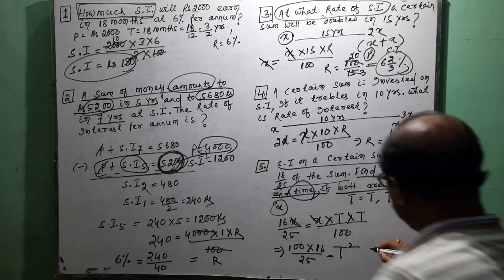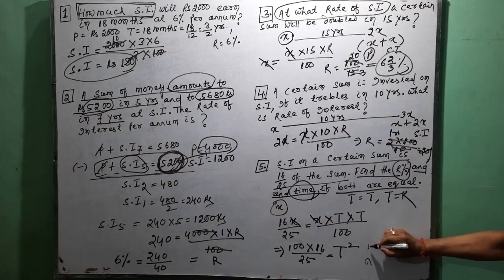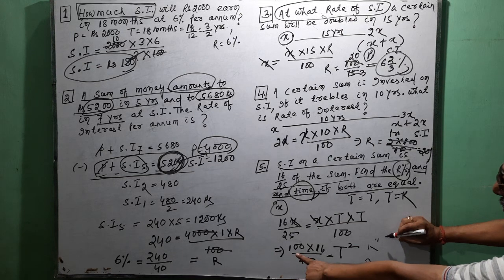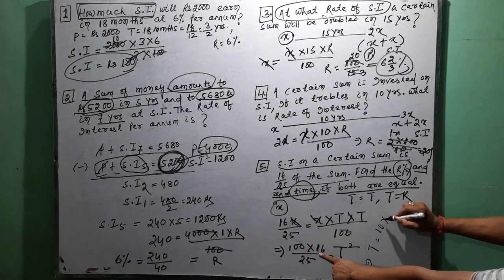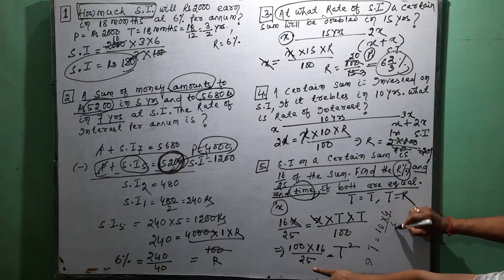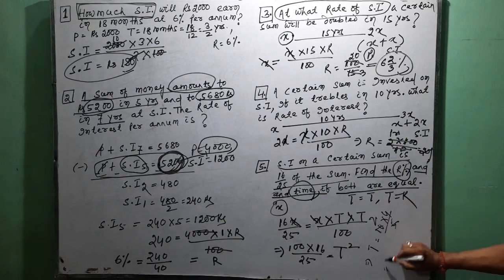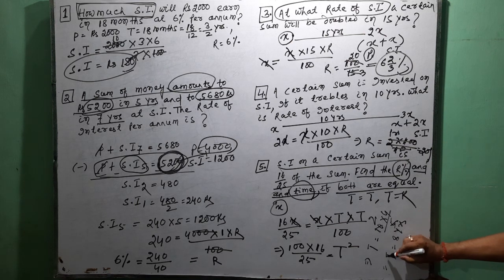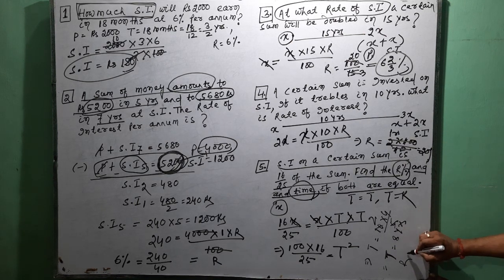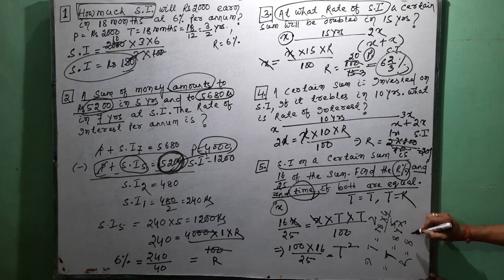You will find T is equal to the square root of this. The square root of 100 is 10, of 16 is 4, of 25 is 5, so 10 into 4 by 5 is 8. Time period is 8 years, and time period is equal to the rate of interest, so rate of interest is also 8%.